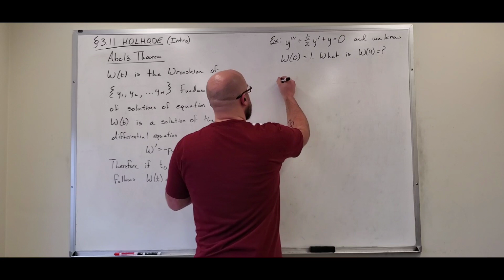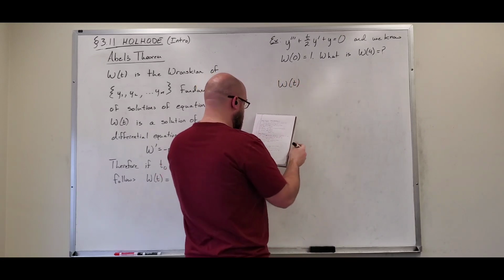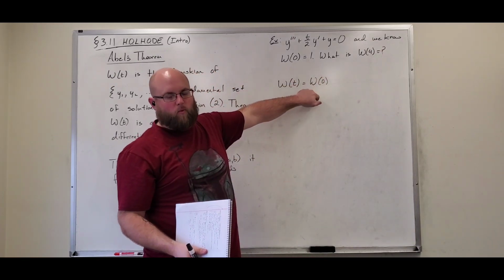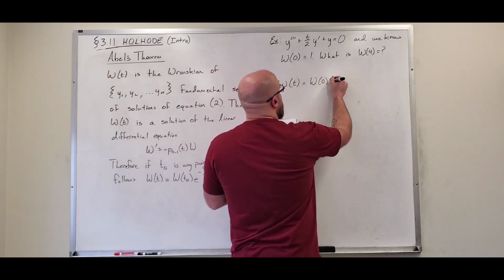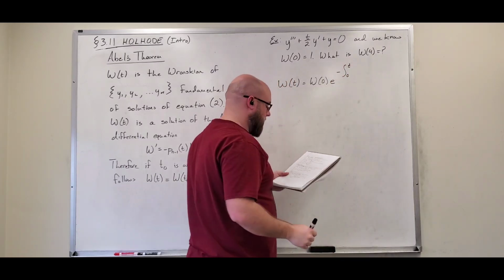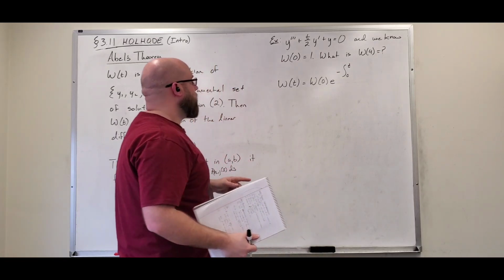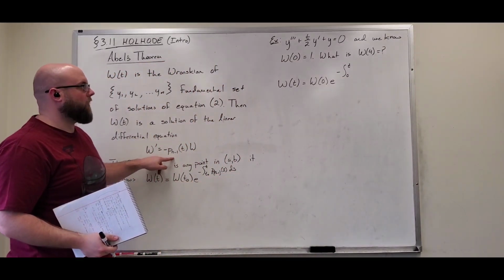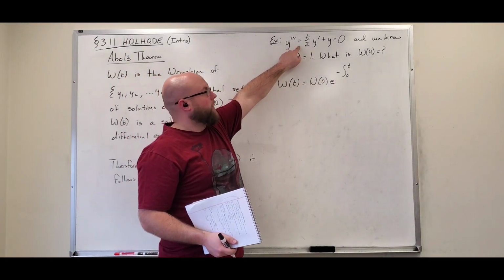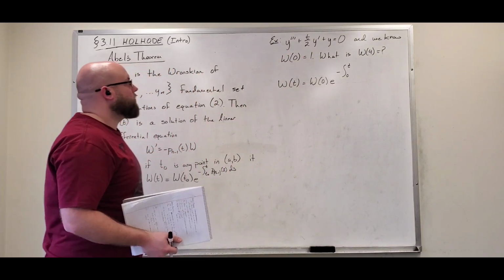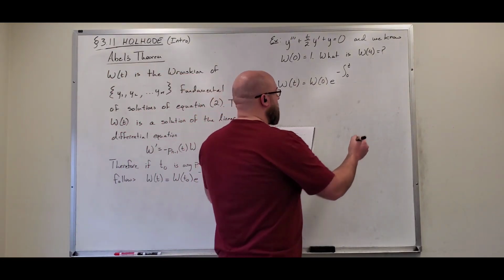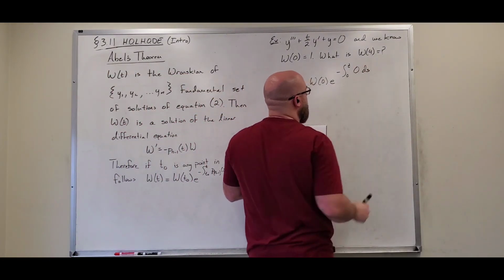So for us, W of t is equal to W of 0, where we evaluated it here, so we're going to plug 1 in here in just a second, times e to the negative integral from 0 to t of our p sub n minus 1. Notice that we're missing the second order here, so there is no second derivative in this equation. Its coefficient was 0, so we plug in a 0 here, ds.